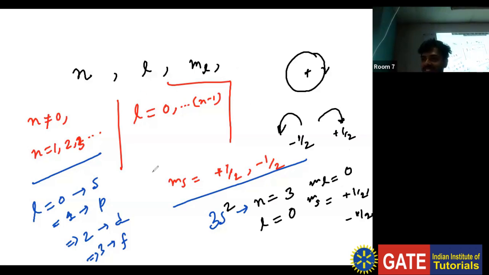If it is clockwise, it is plus half. Generally, if one electron is present in one orbital, it goes clockwise. One will be clockwise and one will be anti-clockwise. Always.